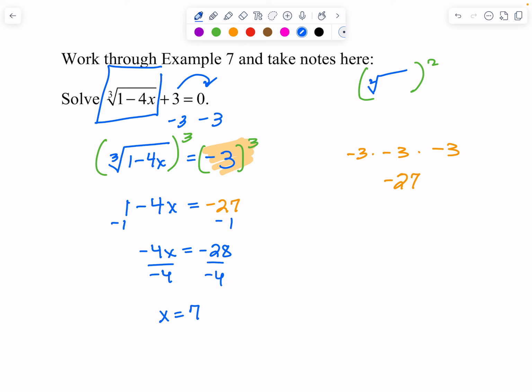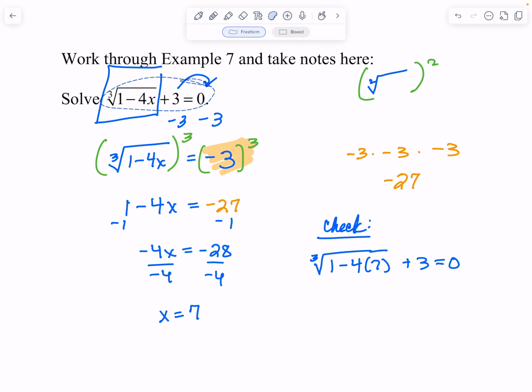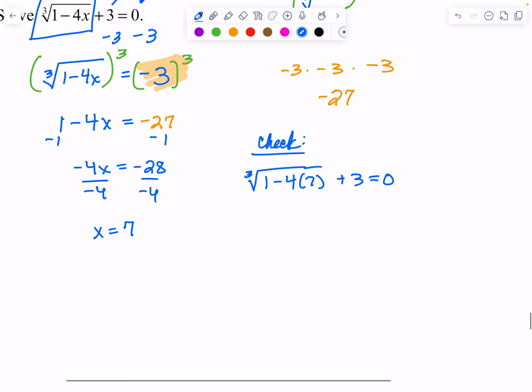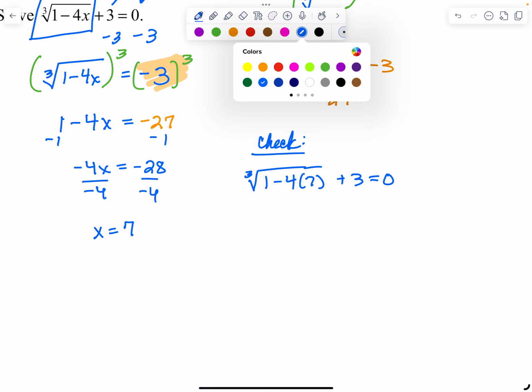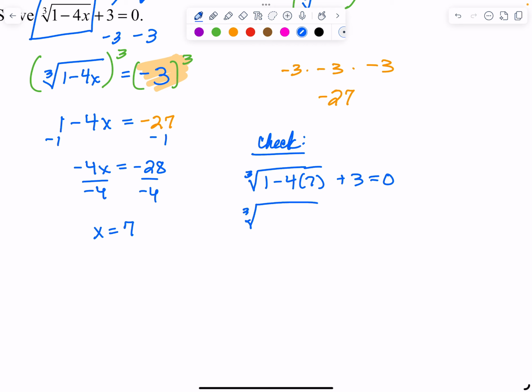Now before I circle it, I need to check it just to make sure. So I'm going to write down what I started with and put the 7 in there, plus 3 equals 0. So I was grabbing this and instead of x, putting my answer. Let's see if we get 0. So that's going to be the cube root of 1 minus 28, plus 3 equals 0. That's the cube root of negative 27 plus 3 equals 0.